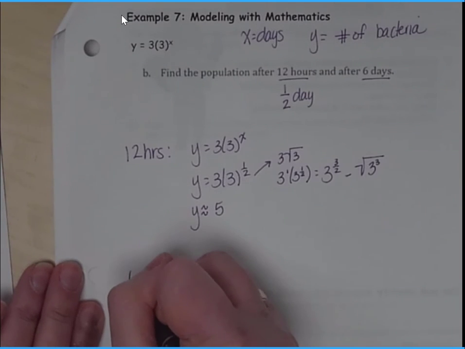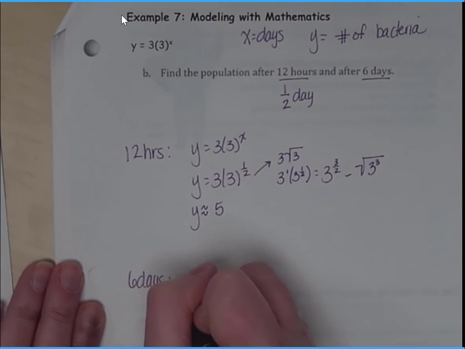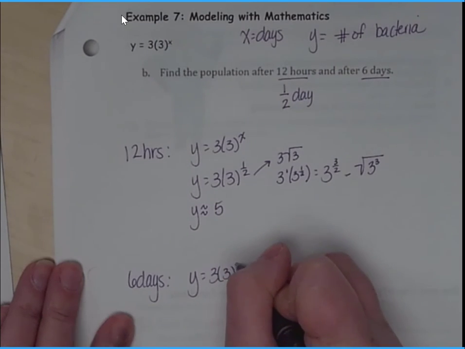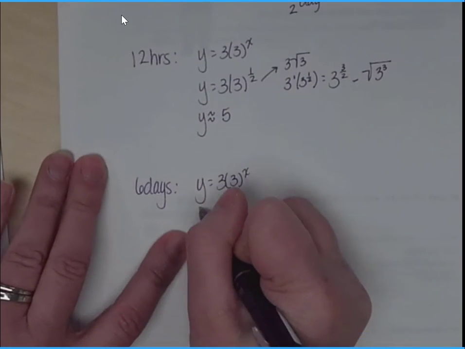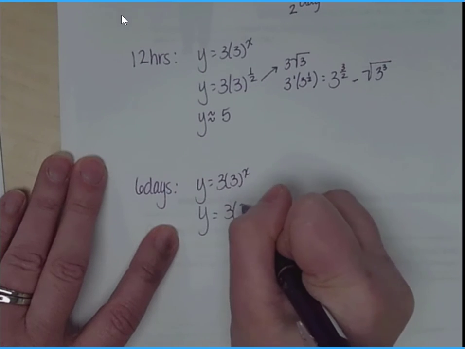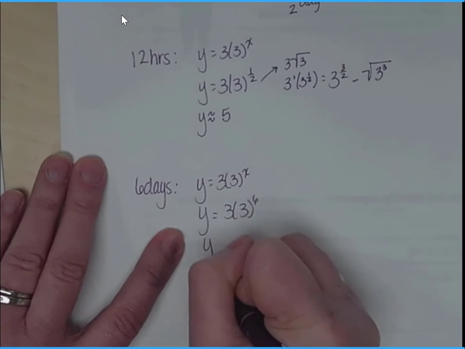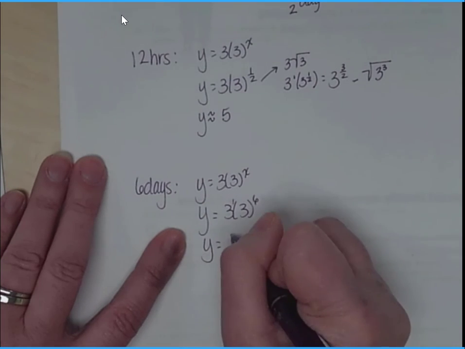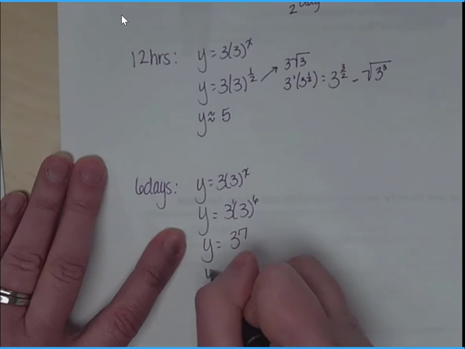But let's take a look at that 6 days later. So I have y equals 3 times 3 to the x power. So y equals 3 times 3 to the 6. So I end up with, now remember, that's 3 to the first, so I can combine those for 3 to the 7th.